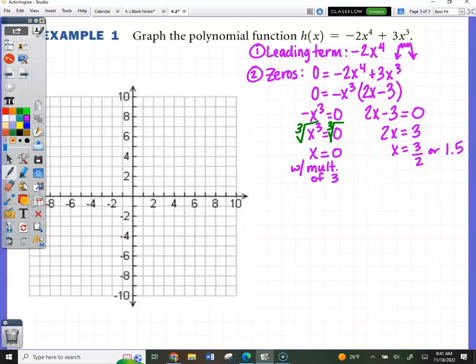What type of multiplicity does that one have? Well, look back up at it in factored form. This is where you find your multiplicity answer. You look at it when it's in factored form, and it's the exponents. This had an exponent of 1, so this is with multiplicity 1.